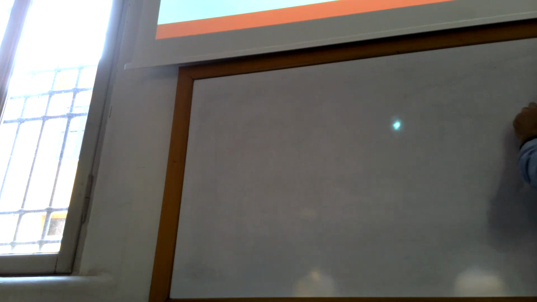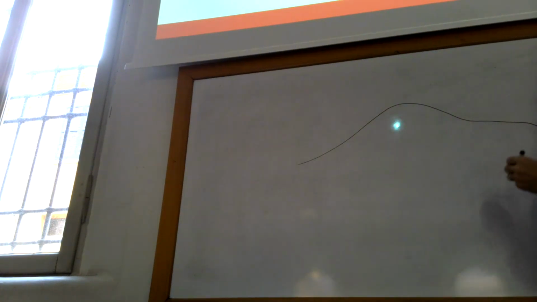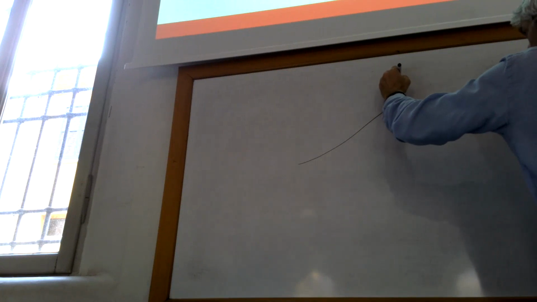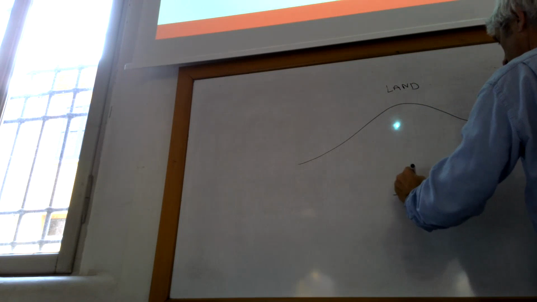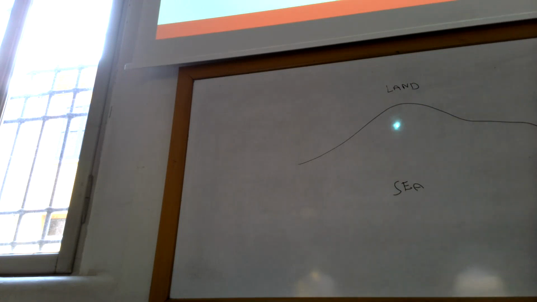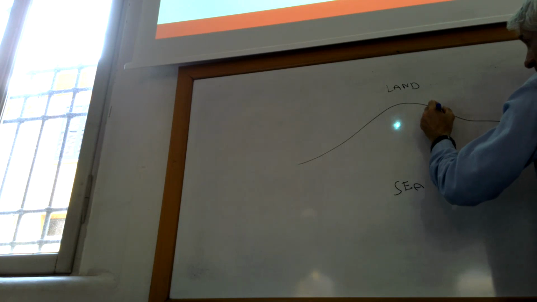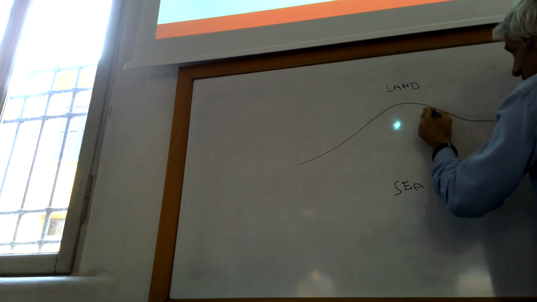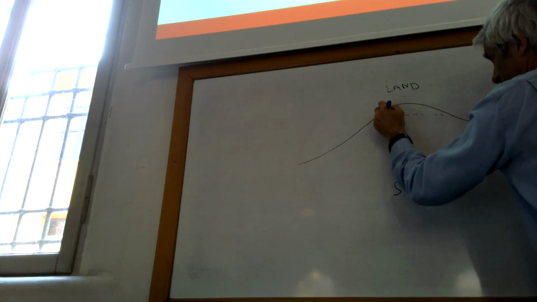So if you have a coastline with a concavity, and here there is the land, and here there is the sea, and you have a circulation of across-shore sediments along this direction, you understand that you probably find a beach here. Okay, so you probably find here a beach.